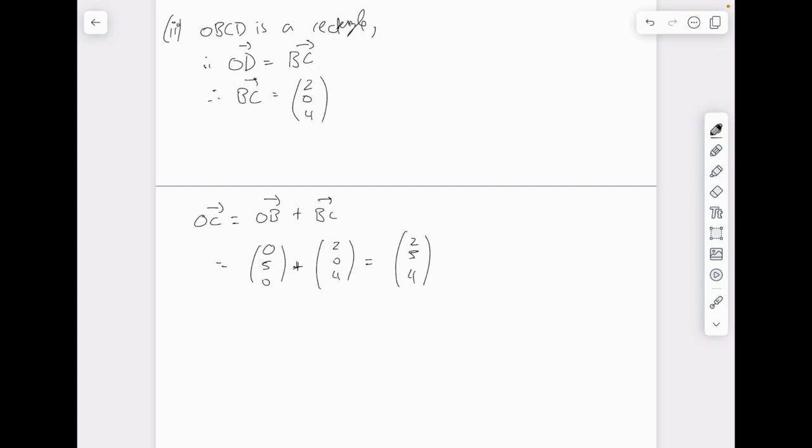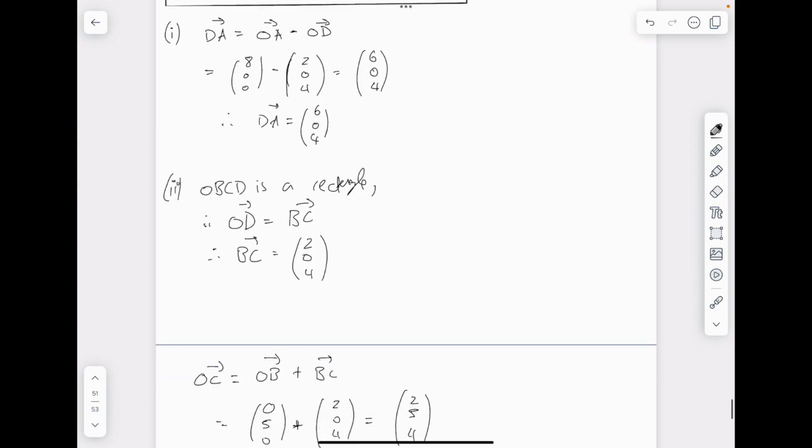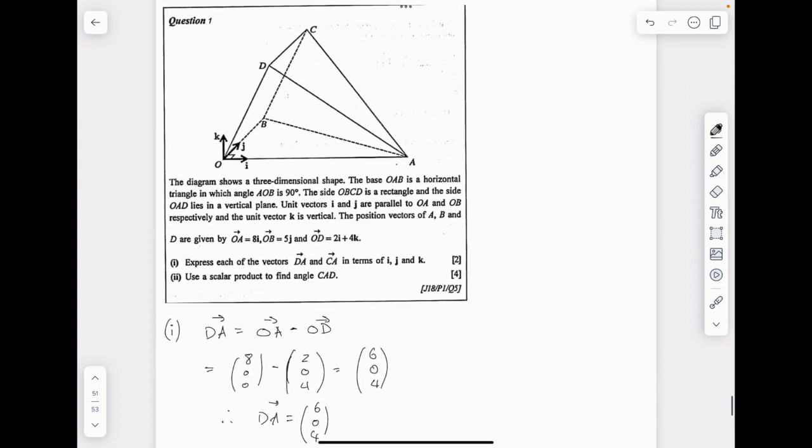So from here we've got that value for OC now. Now we're going to ask ourselves, CA. Well, how do we get CA? Well, that's just equal to OA minus OC, and we know what OA is.